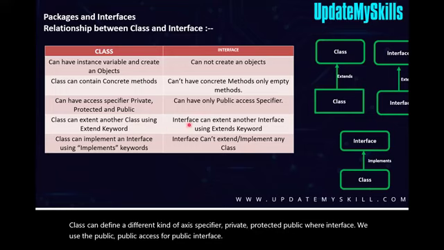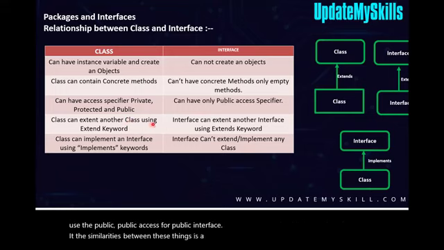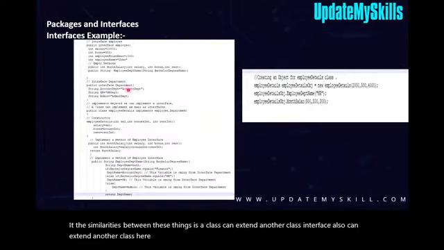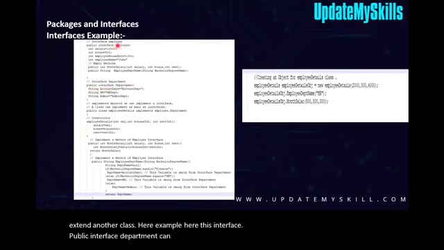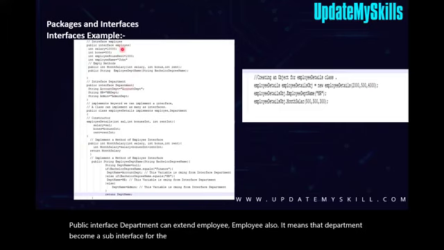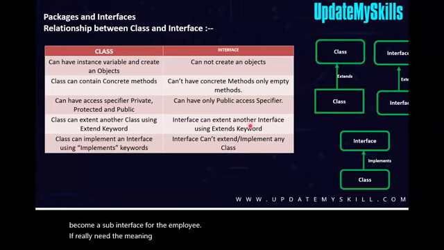The similarity between these is that a class can extend another class, and an interface can also extend another interface. Here, in this example, public interface Department can extend Employee also. It means that Department becomes a sub-interface of Employee, if really needed. This means an interface can extend another interface using the extends keyword.